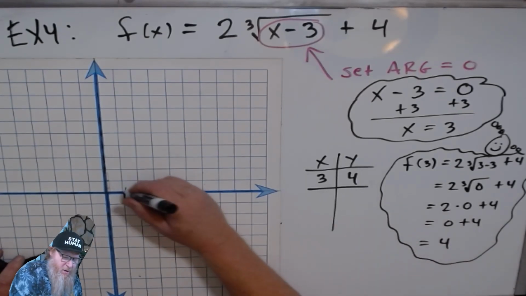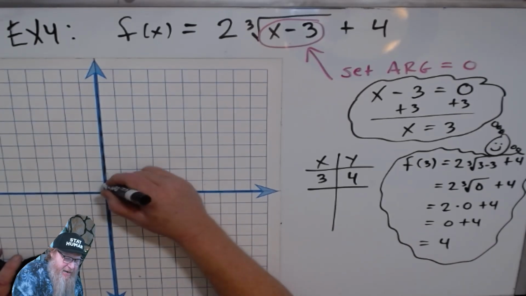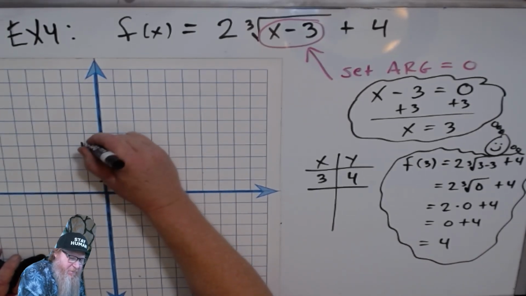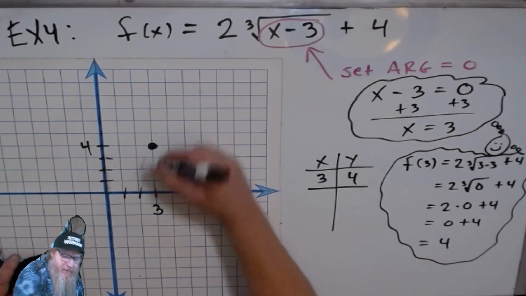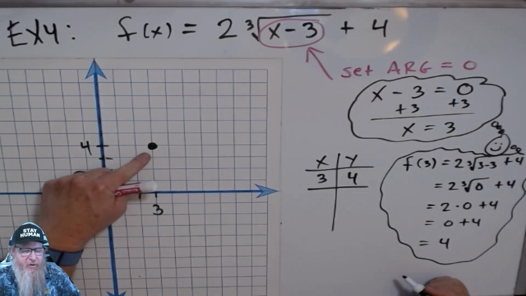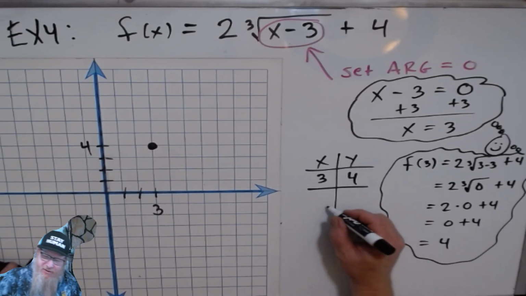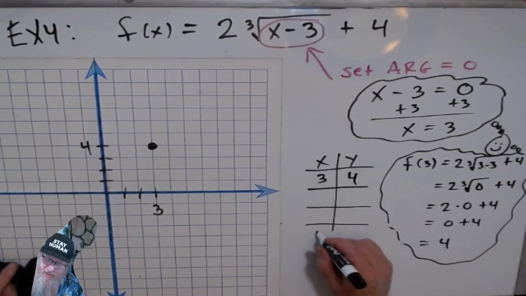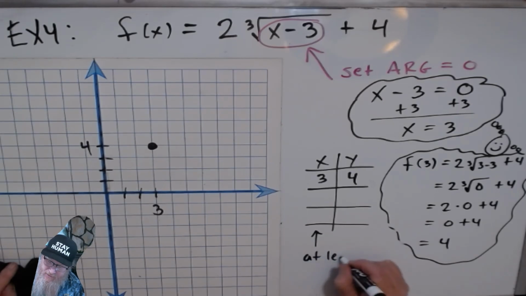So we're going to go 1, 2, 3 for x, 1, 2, 3, 4 for y. And this is going to be our vertical tangent. I do need at least one more point.